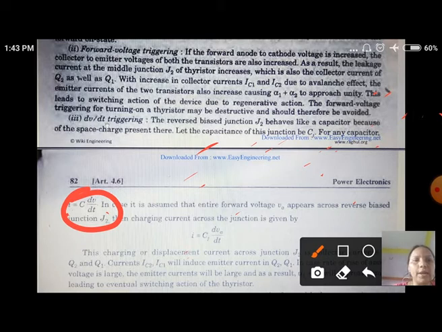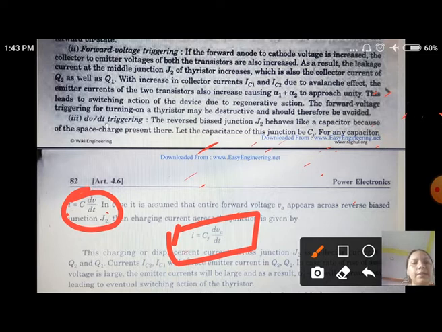So across the capacitor, if the blocking voltage is VA, and VA appears across the J2 junction, the charging current across junction J2 is I equals Cj into dVA by dt, which formula we already derived.